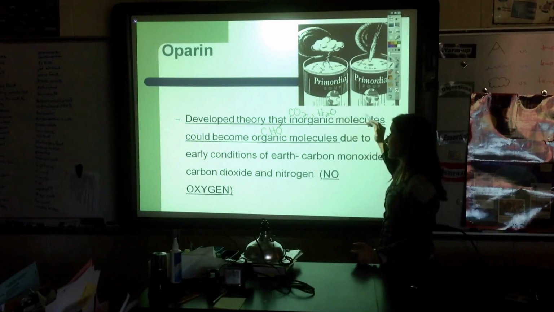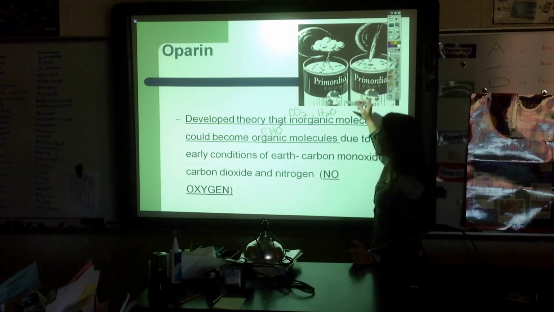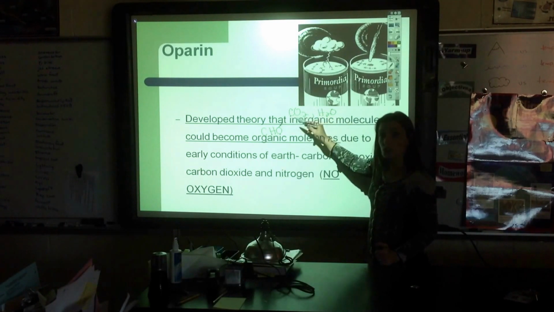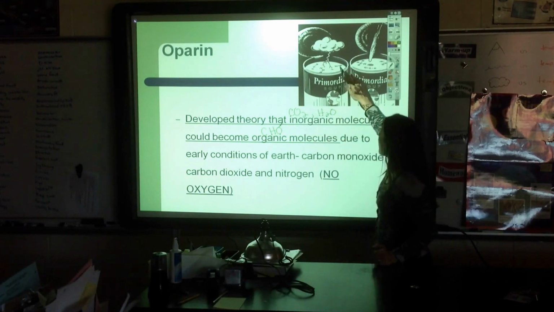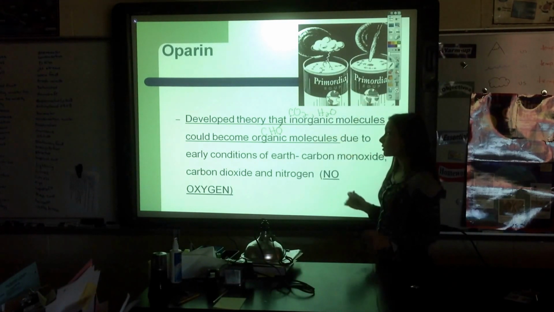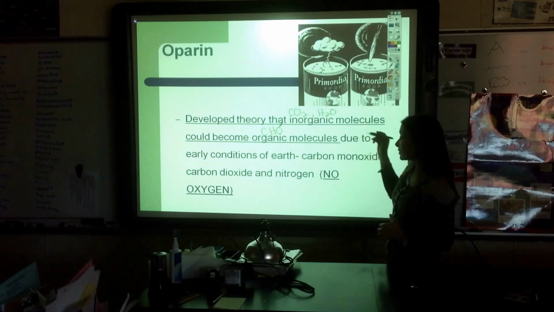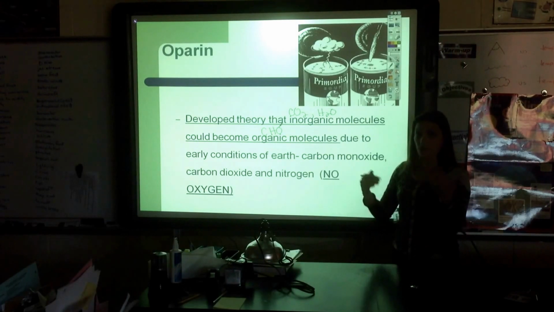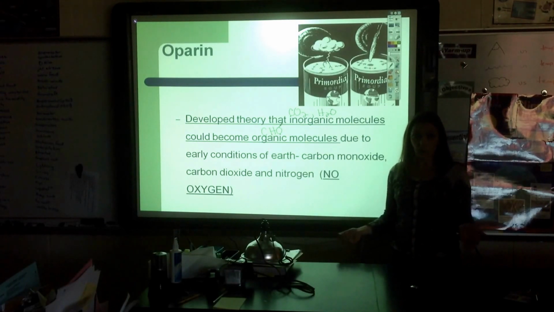Inorganic compounds, if there was the right amount of energy, that energy could break the bonds of the CO2 and H2O, and we could get a new molecule that is organic. And so Oparin developed this theory based on the early conditions of Earth, based on the fossil evidence of what we know Earth was like.